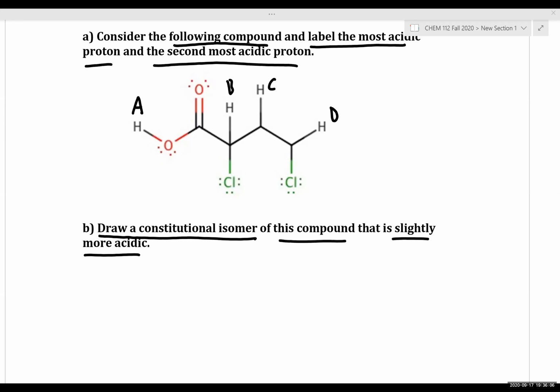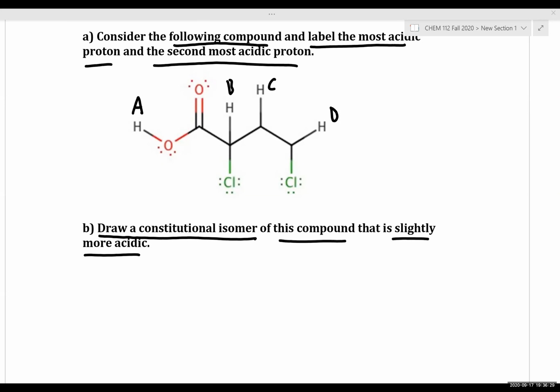Would anyone else like to chime in with their proposal? Let's try to get a few proposals in the chat for the most acidic and second most acidic proton. Let's try to see what the class thinks overall on this example, and then we'll be able to discuss once we've had all this information compiled.